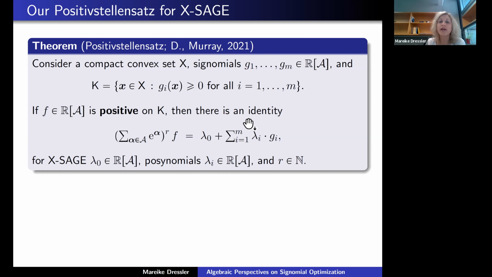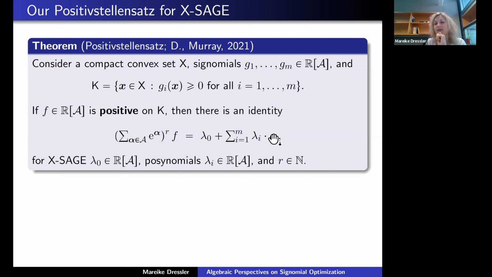And the specific way we write the signomial is like so. It can be written as a sum of these lambda_i's, and this lambda_0 is an X-SAGE signomial, and these lambda_i's are posinomials, so signomials with non-negative coefficients, so very nice objects.